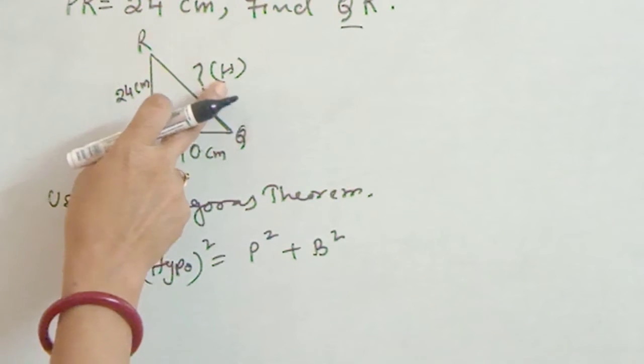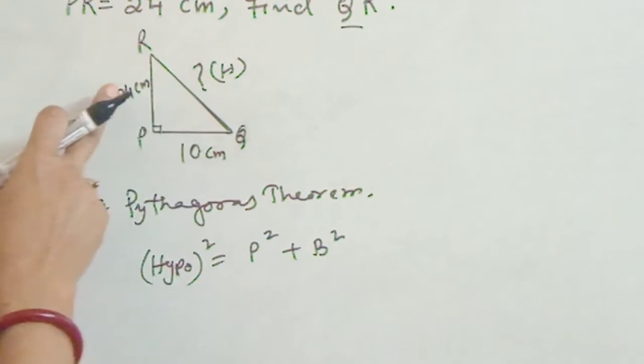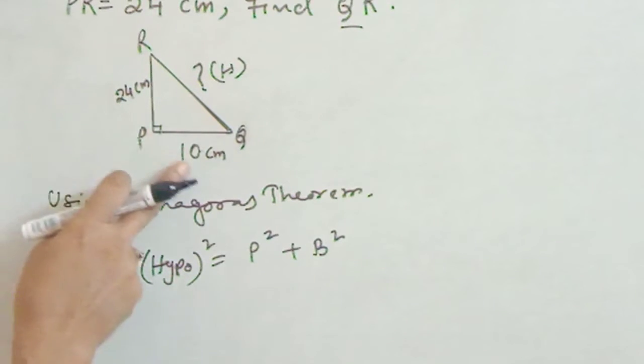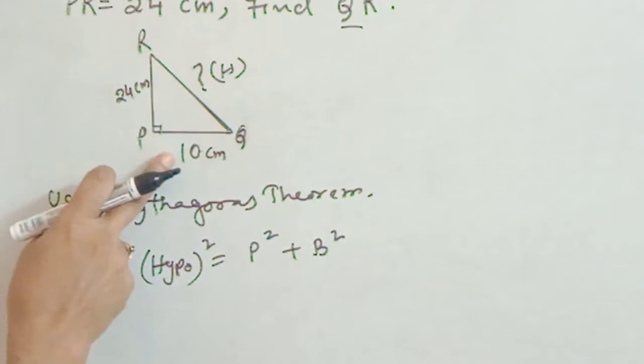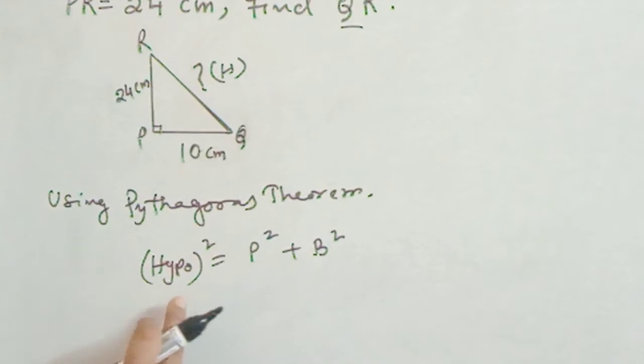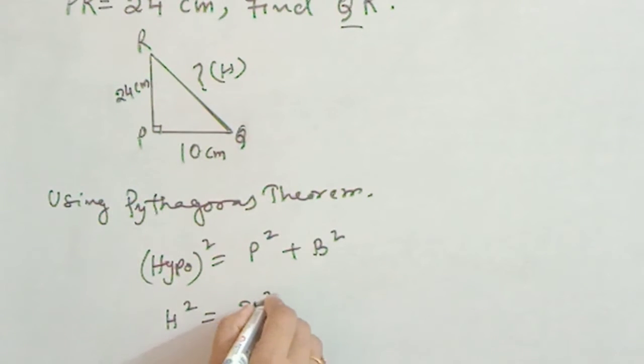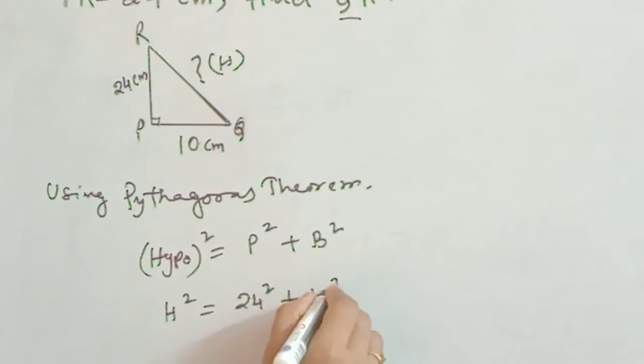The square of the longest side is equal to the sum of the squares of the other two sides. The hypotenuse is missing here, so I am writing only h in short, and perpendicular, say, it is 24 square plus 10 square.